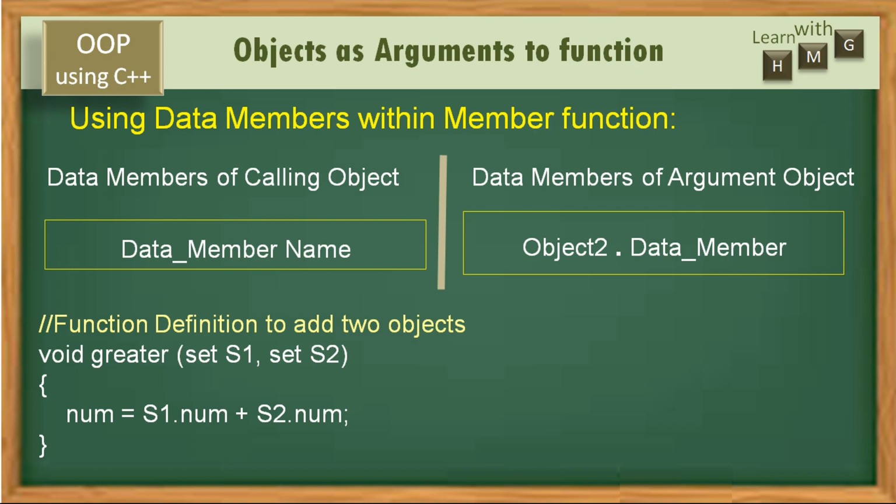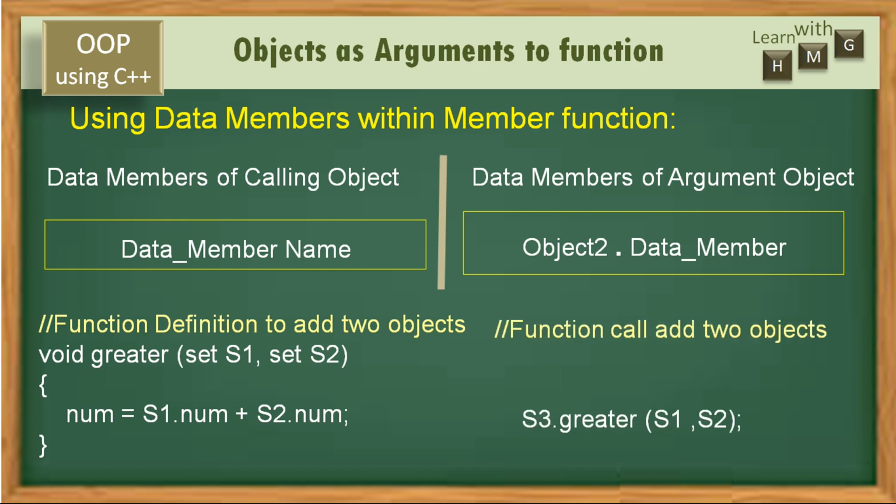The data member is common, that is num, but to which object does this num data member belong? In order to identify it, we have to attach the suffix, that is the object name, dot, then the data member: s1 dot num plus s2 dot num. So the data member num of s1 object plus data member num of s2 object, do the addition and then it will be stored in the num data member, that is the member of the calling object.